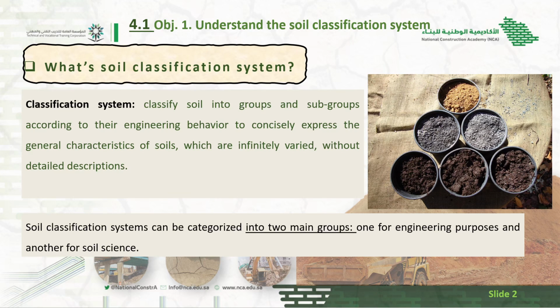In agriculture, zaraat, they use it for farming, like plantation and vegetation purposes. So they deal with soil from this aspect. Soil scientists or geologists evaluate the soil from the geology aspect. Here we are dealing with the civil engineering aspect.